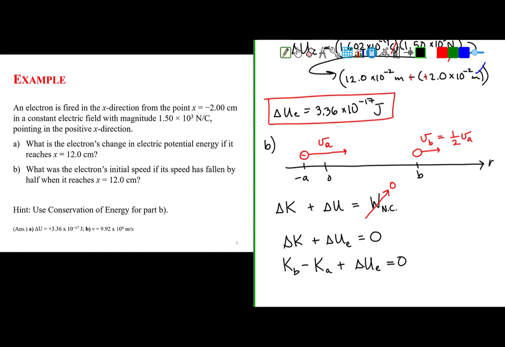We found the change of electric potential energy. The kinetic energy at point B is 1/2 the mass of the electron times its speed at point B squared, minus the kinetic energy at point A, which is 1/2 the mass of the electron times its speed at point A squared, plus the change of electric potential energy is equal to 0.